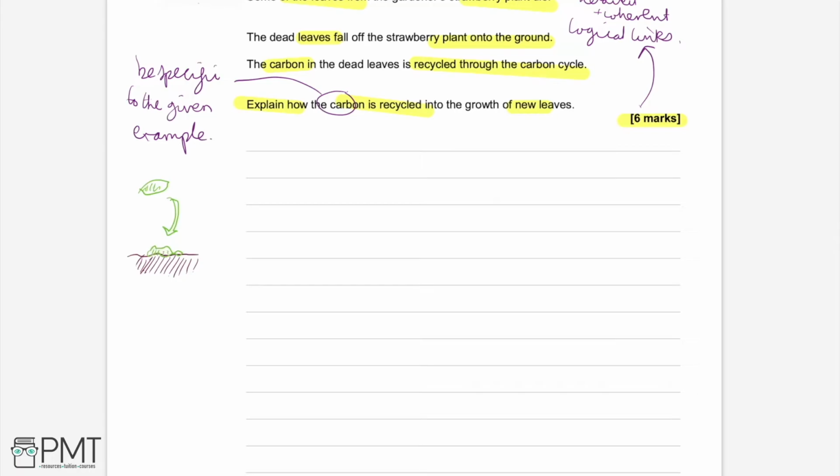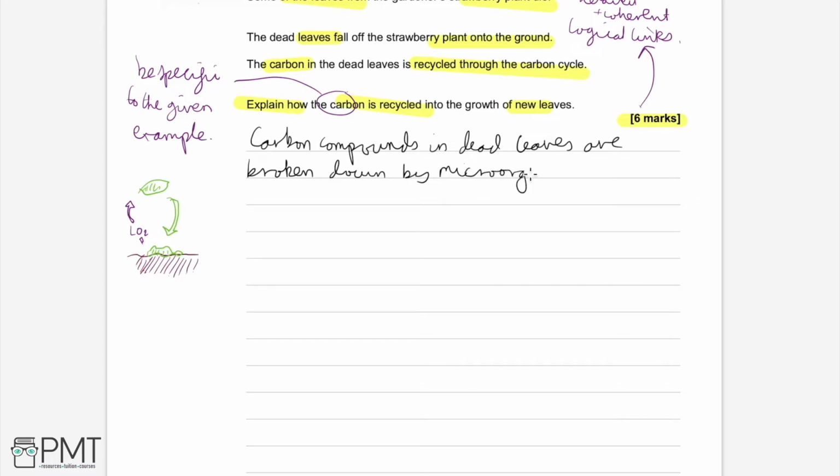In the process, the microorganisms respire, which is a process that releases CO2. Let's write about this part of the process before continuing. Well, first of all, carbon compounds in the leaves are broken down by microorganisms.